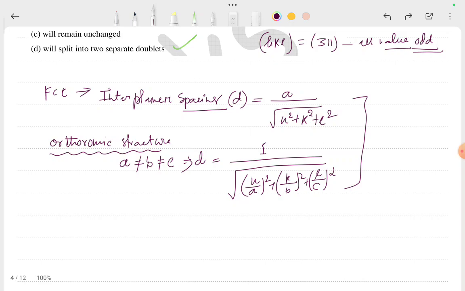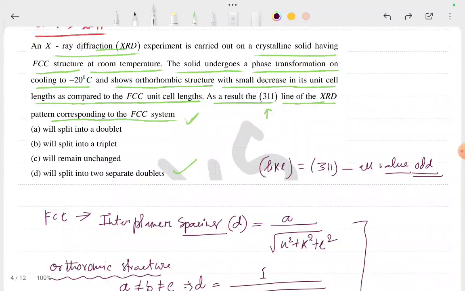What they ask in the question, please be clear: they mention two types of crystals, one is FCC, another is orthorhombic. And they give you one plane, 311.